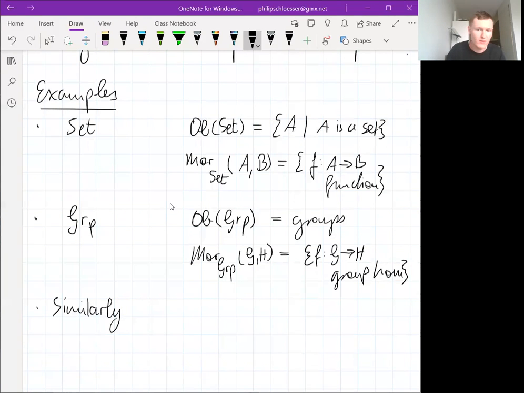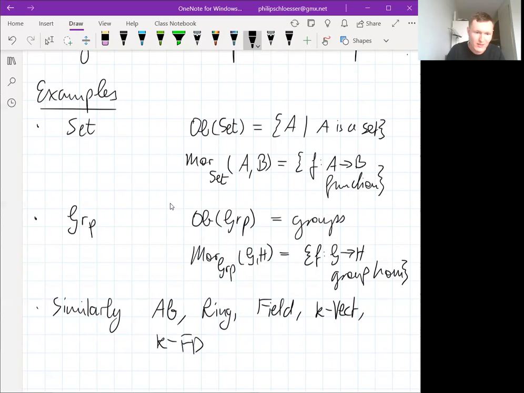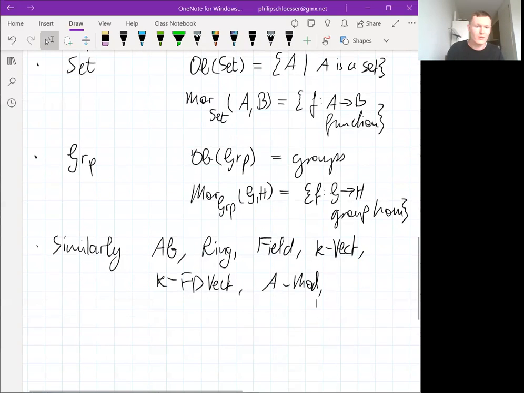Similarly, I'm just going to mention them. We have abelian groups, rings, fields, k-vector spaces, finite dimensional k-vector spaces, A-modules, whatever.